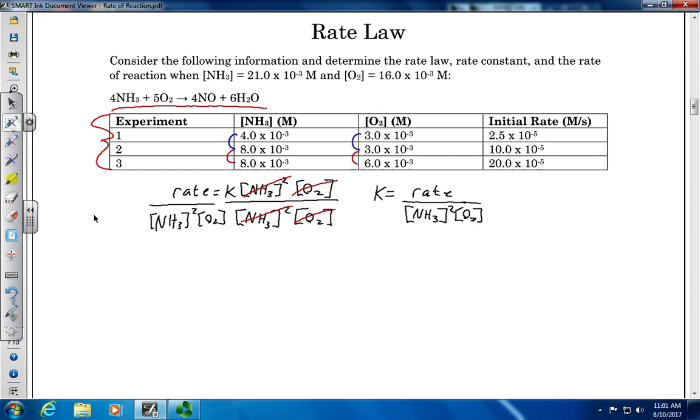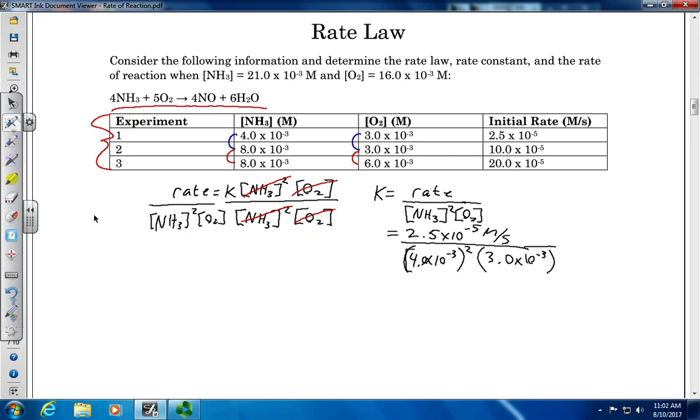Okay, so now we just need to pick an experiment and plug in our values. And again, I said experiment 1, so that's what we're going to do. So our rate is 2.5 times 10 to the minus 5 molars per second. Underneath, we have our concentration of NH3, which in this case is 4.0 times 10 to the minus 3 quantity squared times the concentration of O2, which is 3.0 times 10 to the minus 3.